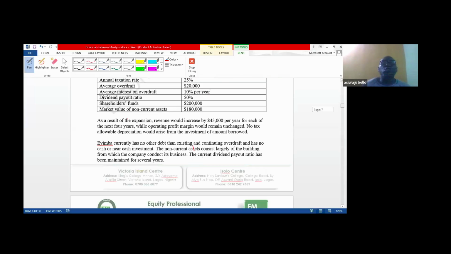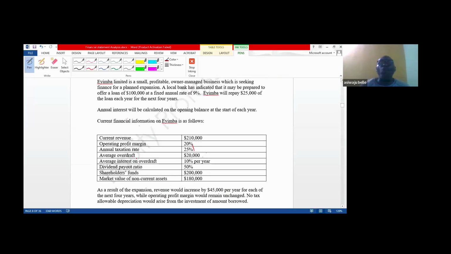We have a bank overdraft. Currently, the amount is $20,000. The interest on the overdraft is 10% per annum. We are now planning to take a loan in year 1.